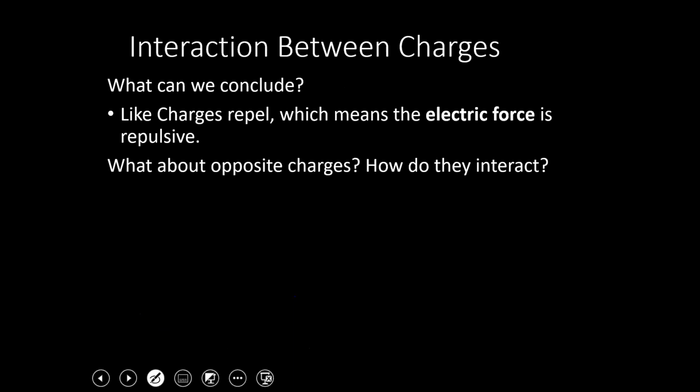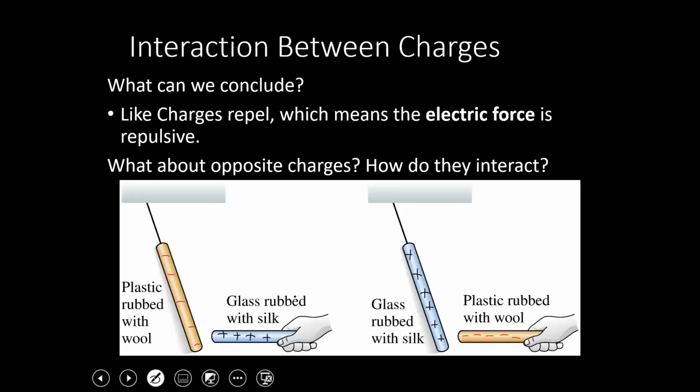Okay. Now, if I do opposite charges, how do those interact? So here I just switch the rods. Now I have a plastic rod and a glass rod after they've been charged up close together, and you see that because they have opposite charges, they're going to be attractive. Okay, so they have an attractive force between them.